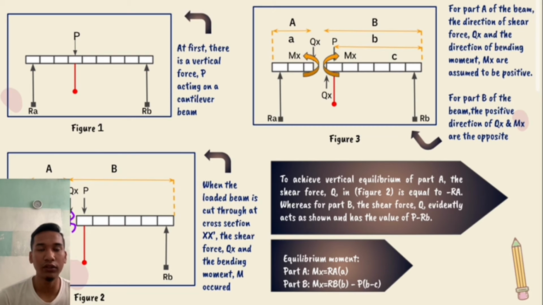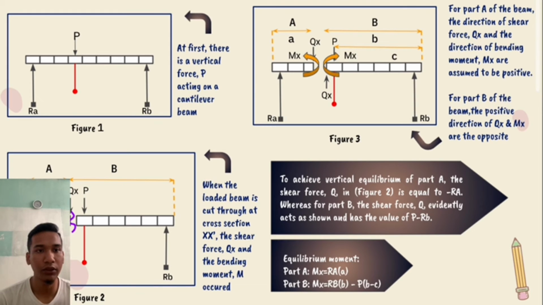At first, there is a vertical force P acting on the cantilever beam. For part A of the beam, the direction of shear force Qx and the direction of bending moment Mx are assumed to be positive. For part B of the beam, the positive directions of Qx and Mx are opposite.